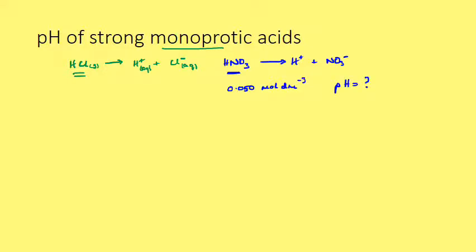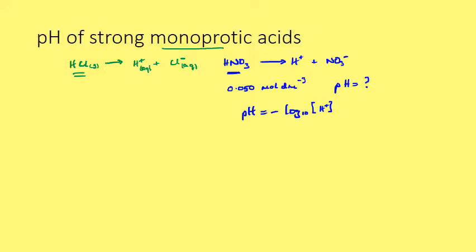Okay, so we're going to use the log version of the pH equation, which is, if you remember, pH equals minus log to the base 10 of the hydrogen ion concentration.